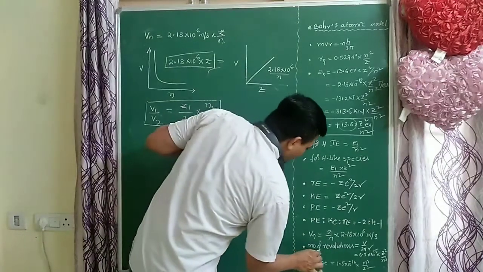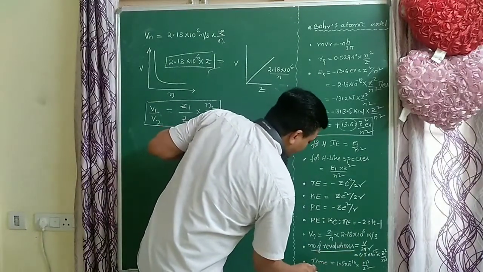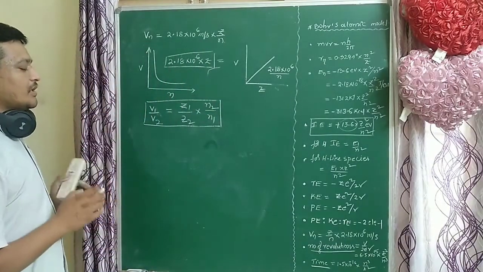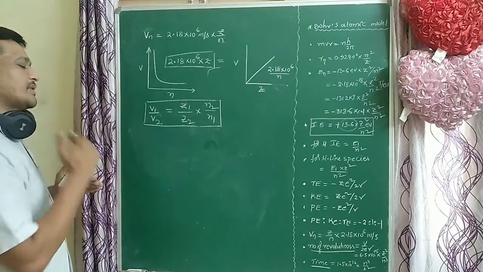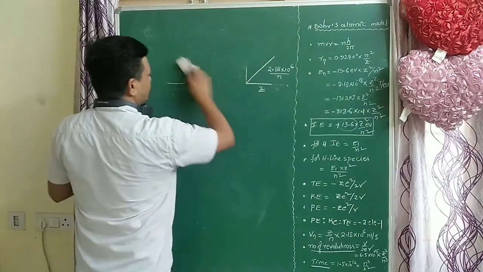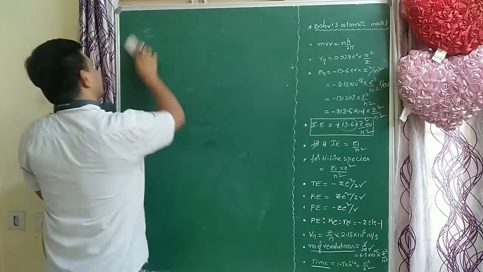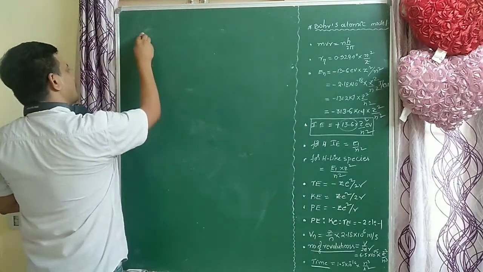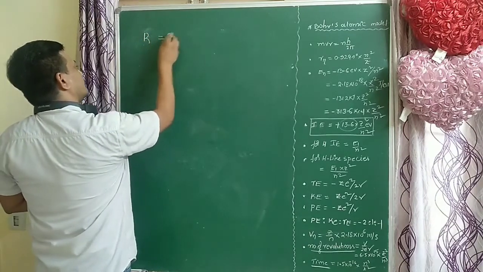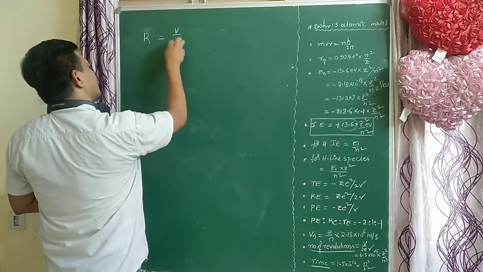Number of revolutions per second and time per revolution. Number of revolutions, how to calculate? Velocity by circumference, that equals v by 2 pi r. Number of revolutions equals velocity by 2 pi r.